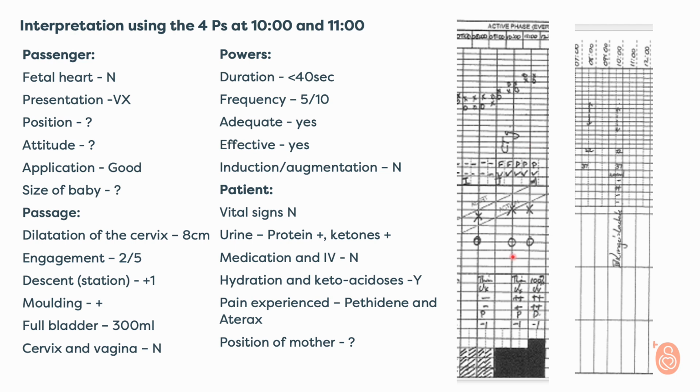But this situation urgently needs attention, and I would say this urgently needs a cesarean section, because here at 11 o'clock the patient has now crossed the action line. She's falling on the right side of the action line here. So the position of the mother and all these things are still very important, but the most important is that this pregnancy should now end in a cesarean section.